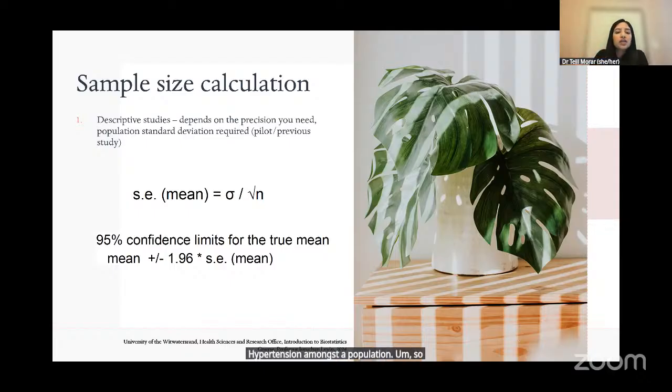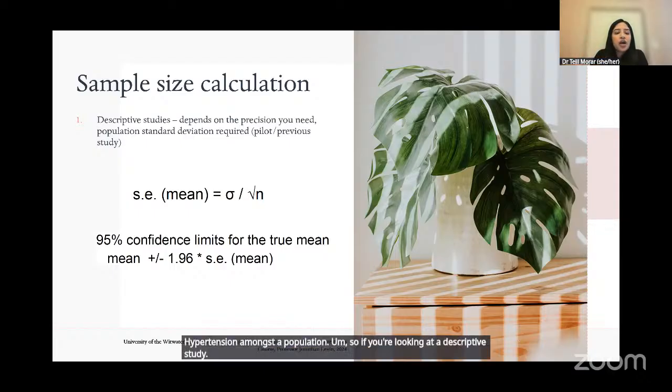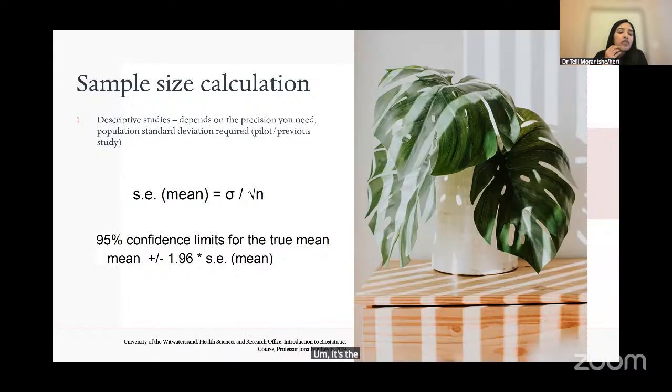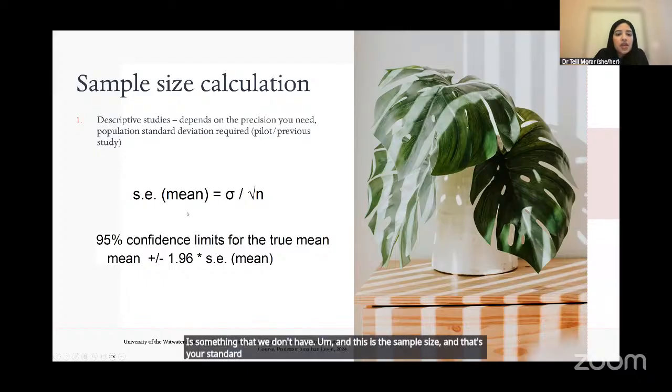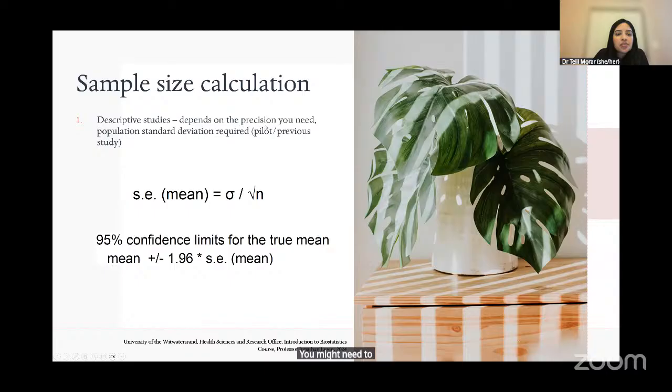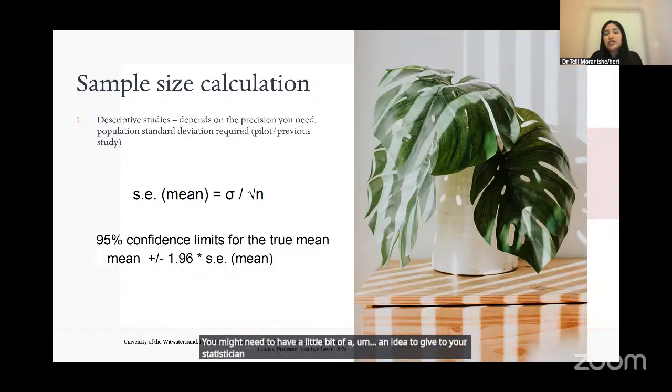So if you're looking at a descriptive study, it's the standard error of the mean. And as you can see, this is the sample size, and that's your standard deviation. So you might need to have a little bit of an idea to give to your statistician on previous studies that were done.